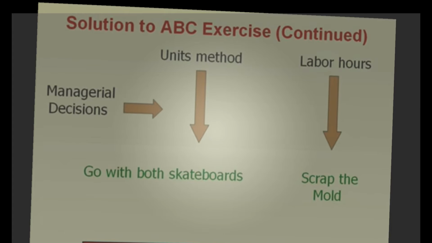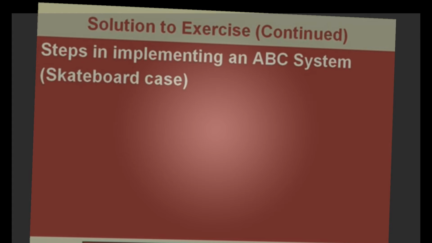Let's go to part B and look at ABC. Steps in implementing an ABC system. Let's talk about the skateboard case. Step 1. Analyze the activities.